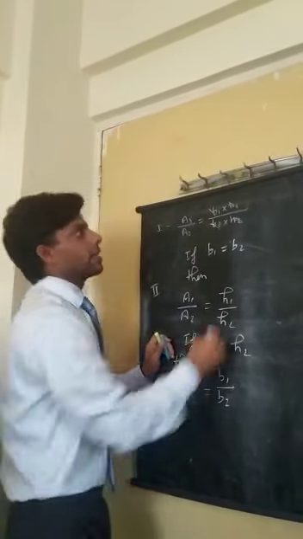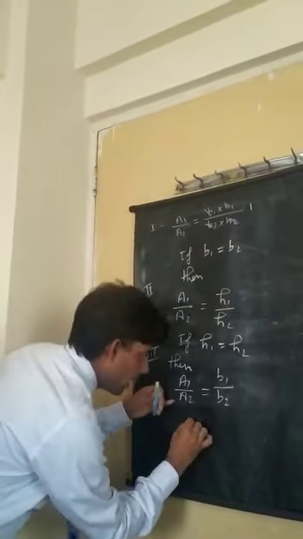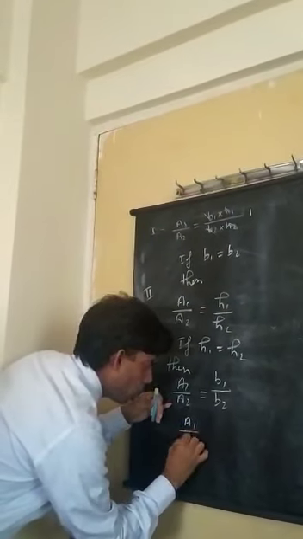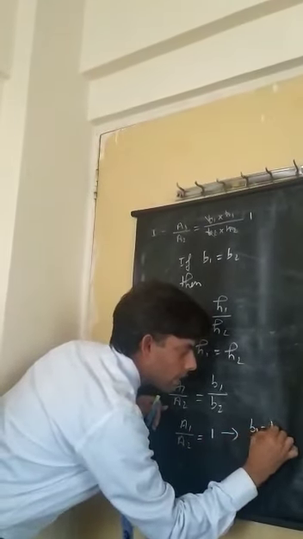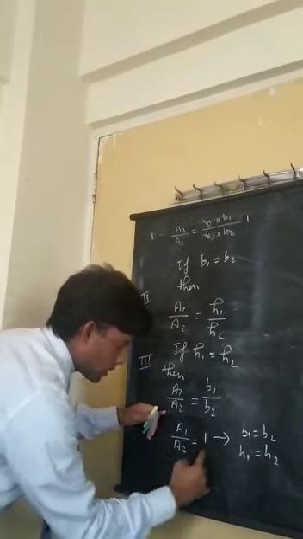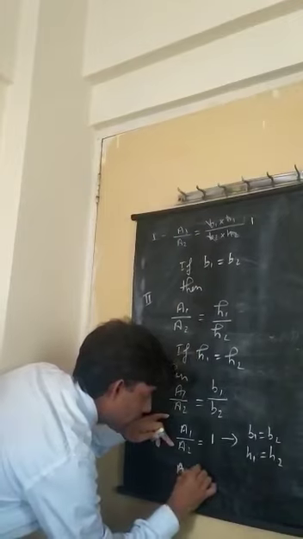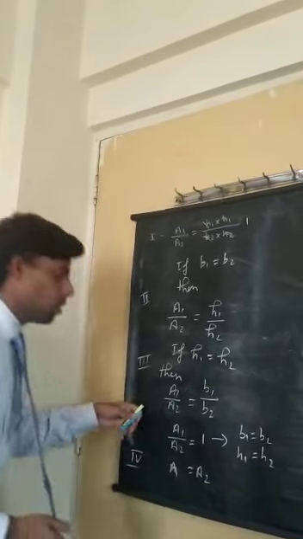Yes, we are left with 1. So we get A1 upon A2 is equal to 1 when both bases and heights are equal. Now on shifting A2 to the right hand side, we get A1 equals A2, which is your property number 4.